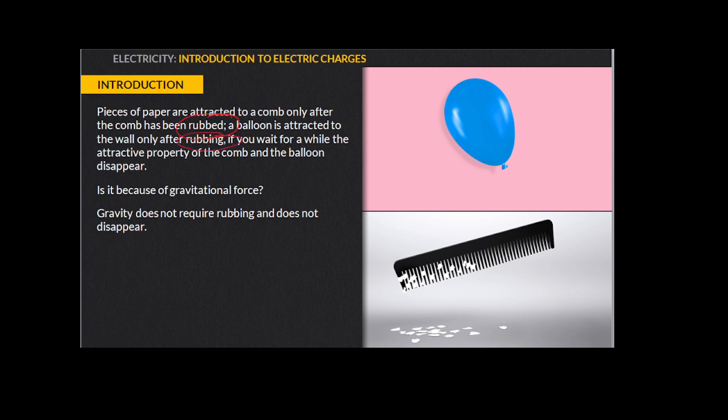We were rubbing the woolen cloth, the balloon, and the comb over our hair. If we try this at home, we'll see that this property of attraction and repulsion disappears after some time.